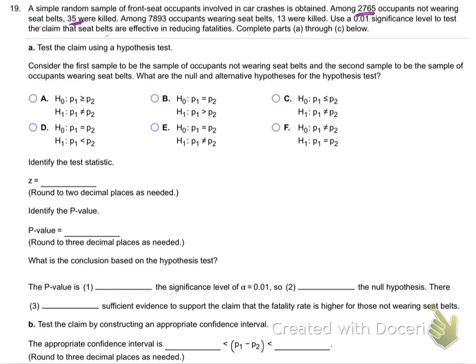That's a proportion. That's a part of a whole. 35 out of 2765 were killed, and they had no seatbelt. Not wearing seatbelts. And then among 78,093, 13 were killed. They had seatbelts on.